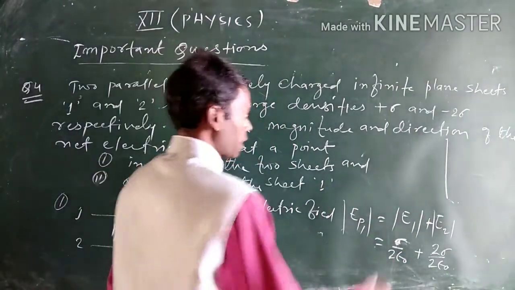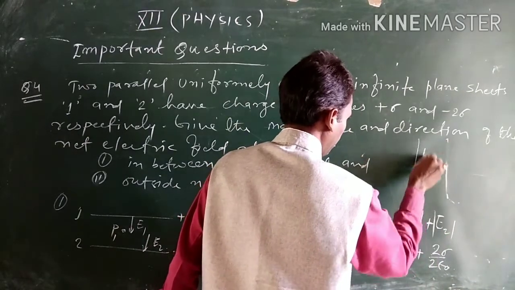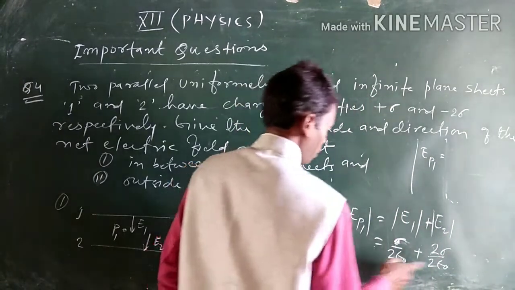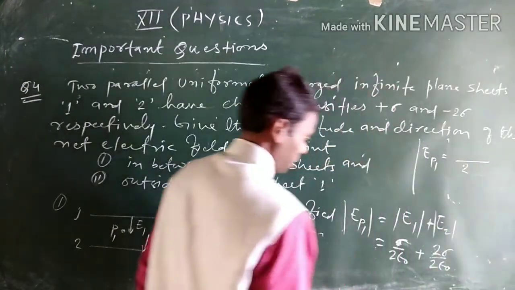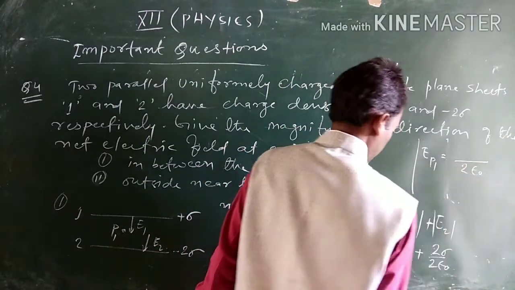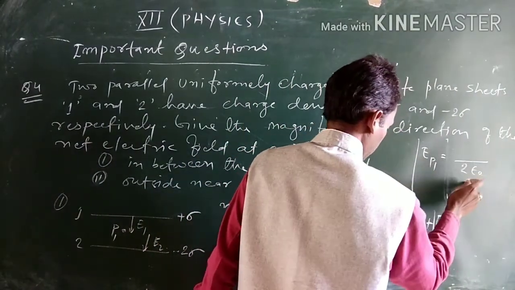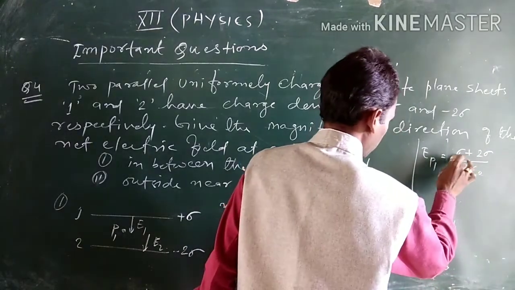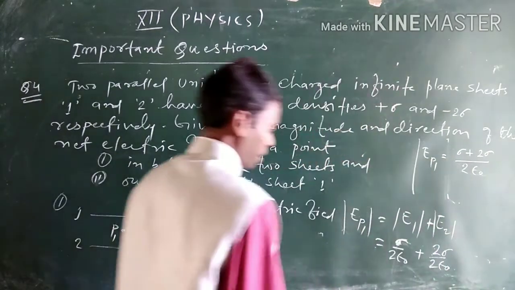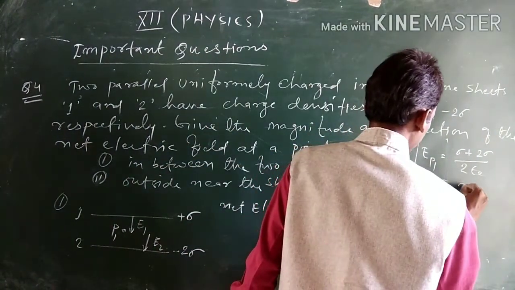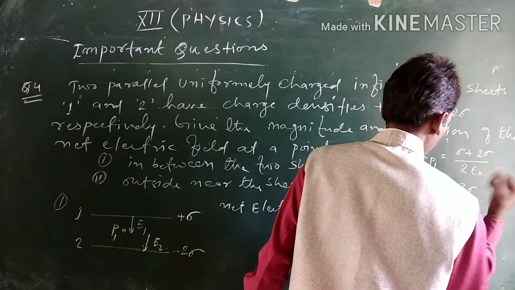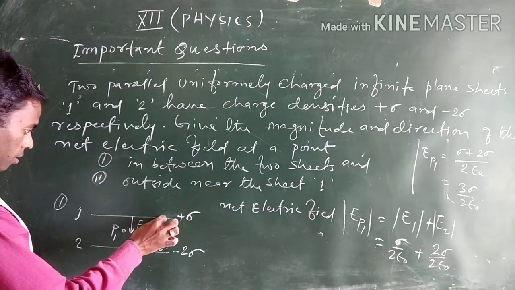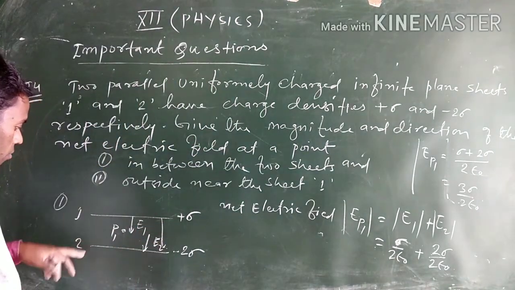Then our electric field at P1 is equal to, this will be 2 epsilon naught, then sigma plus 2 sigma, right? Here it will be 3 sigma by 2 epsilon naught. The direction of this one will be going this side, from 1 to 2.